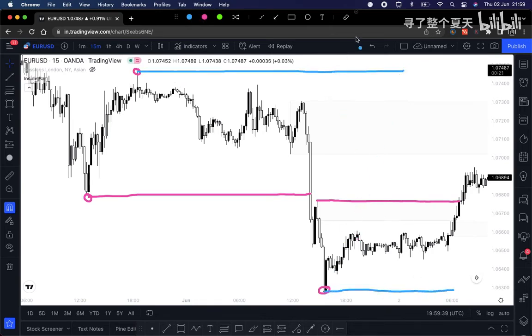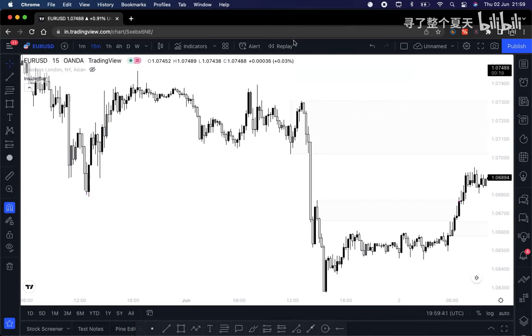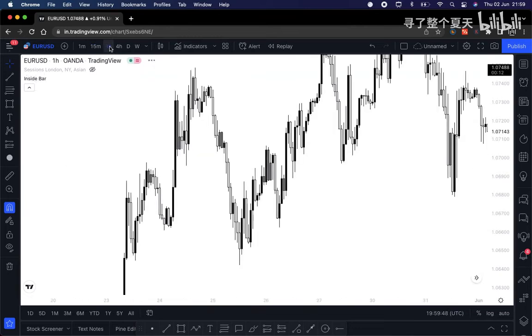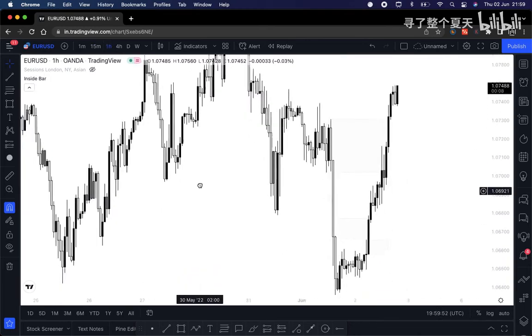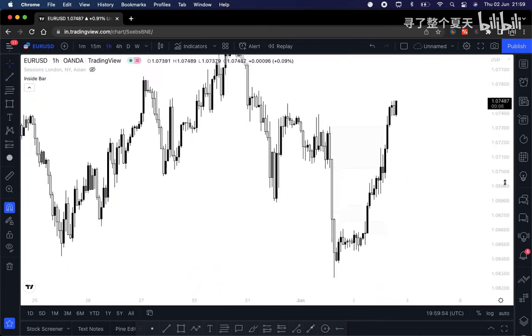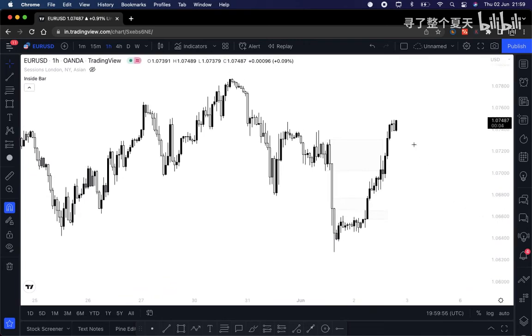And if you scale up, guys, let's say for example to the 4-hour time frame or the 1-hour time frame, you're going to see that whatever you're seeing is indeed in line with what you're identifying as internal structure and minor structure, right?